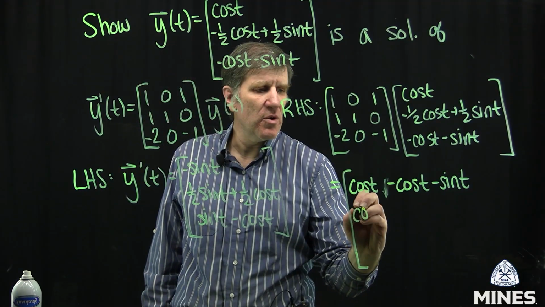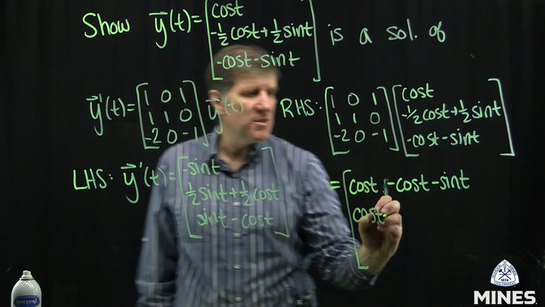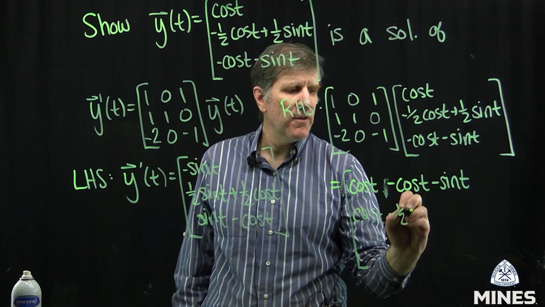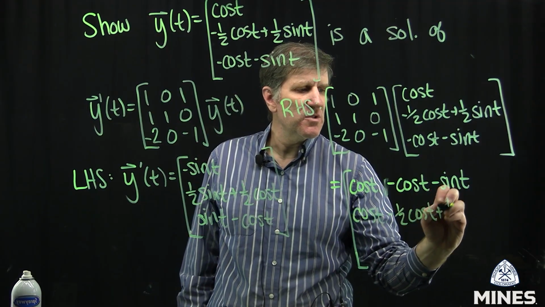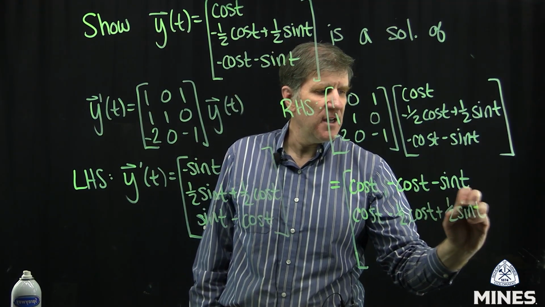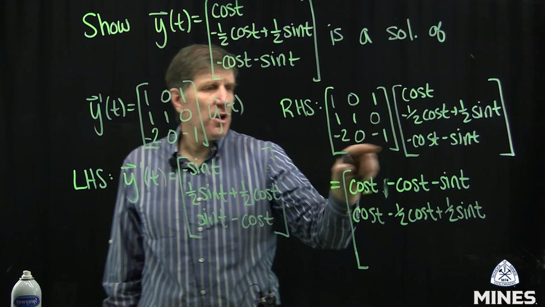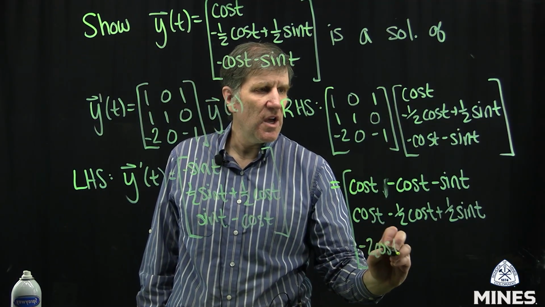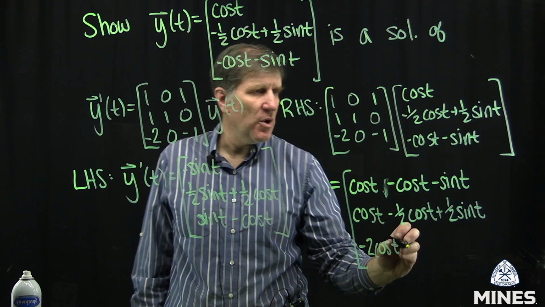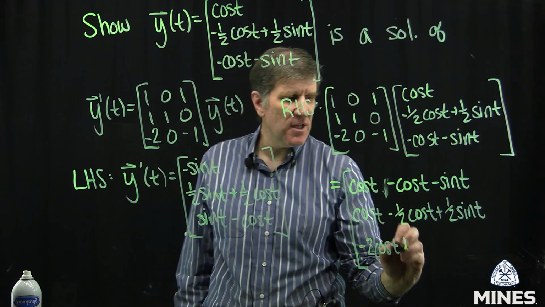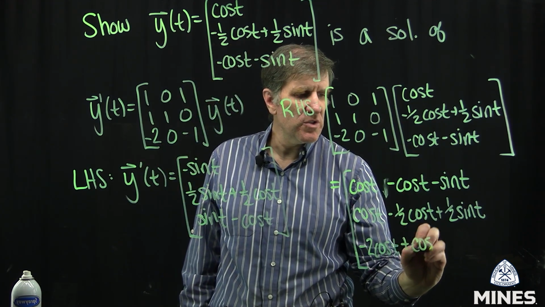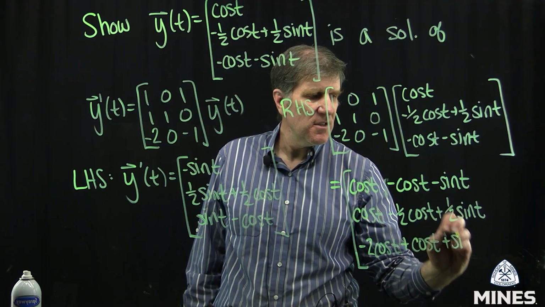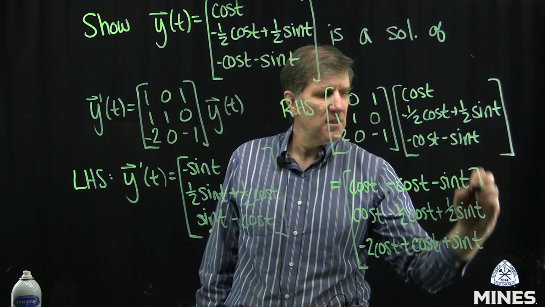So that looks like cosine t plus 1 times this, so minus 1/2 cosine t plus 1/2 sine t. And then our third row dotted with this column is negative 2 cosine t plus 0, and then a negative 1 times that, so that changes the signs, plus cosine t plus sine t.